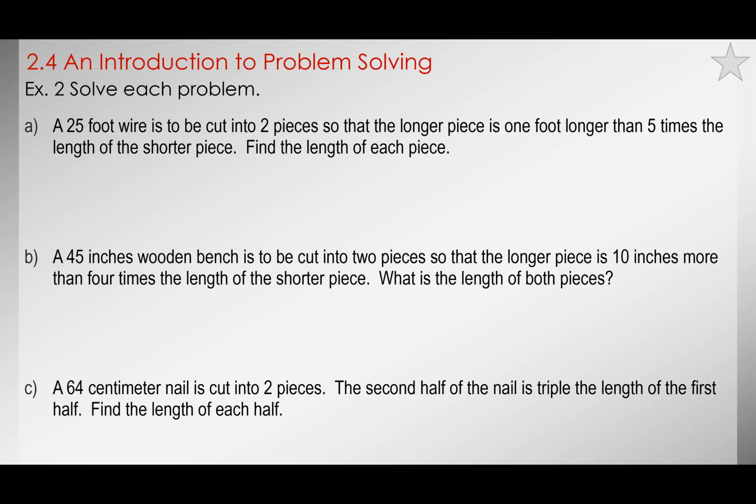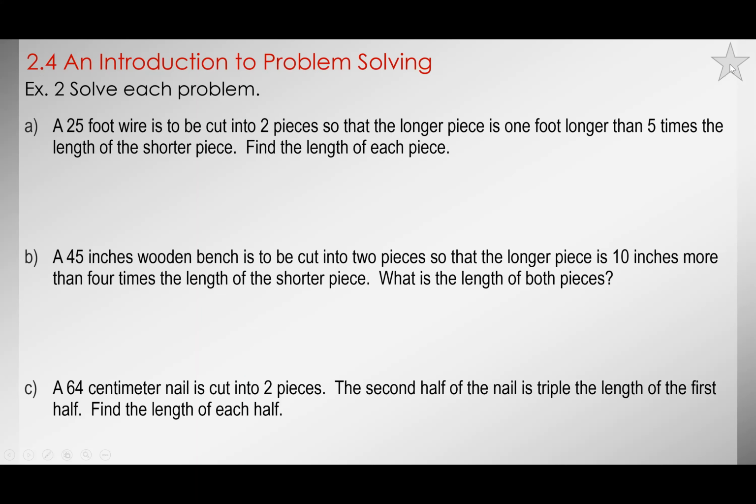So looking at this item, again, they give you the words. The easiest way to do this is to try to see if you can draw the diagram. A 20-foot wire is to be cut into 2 pieces, so the longer piece is 1 foot longer than 5 times the short piece.